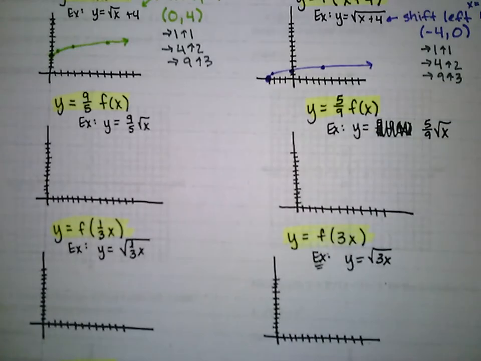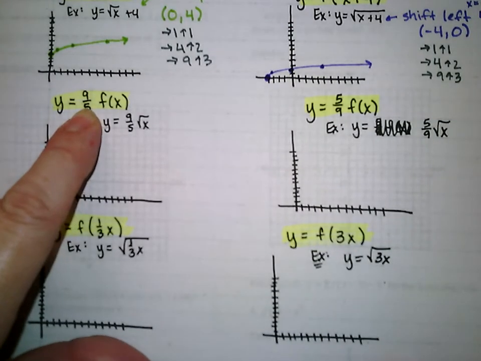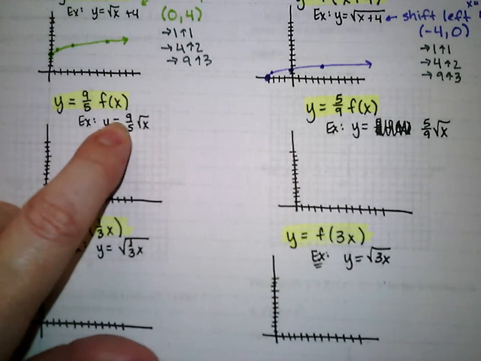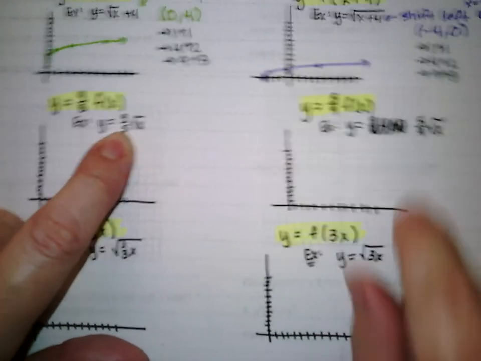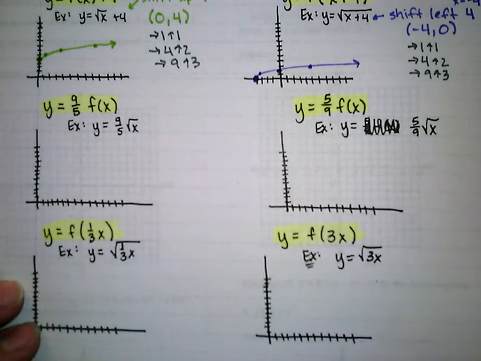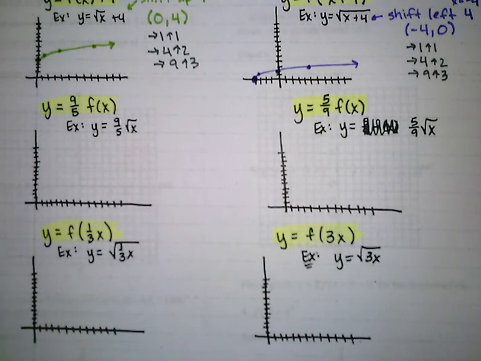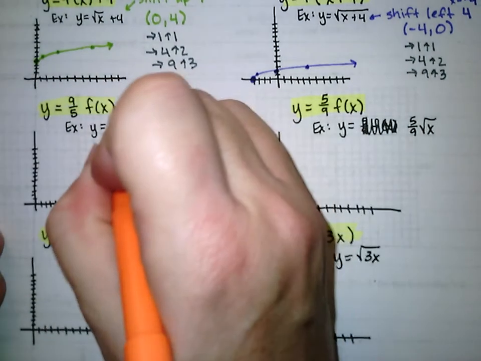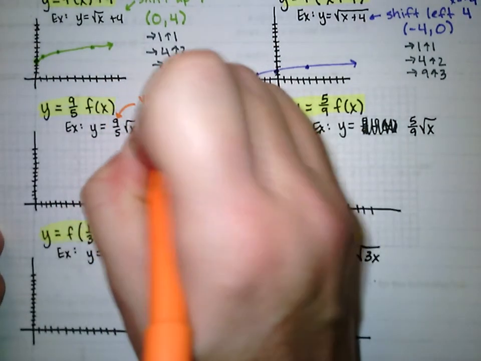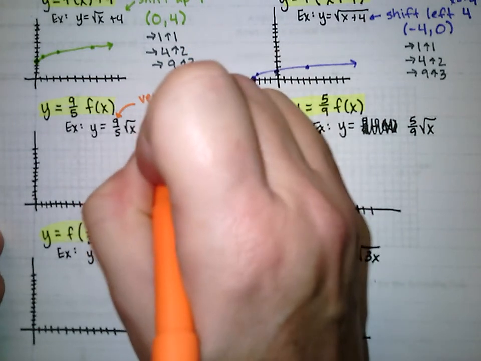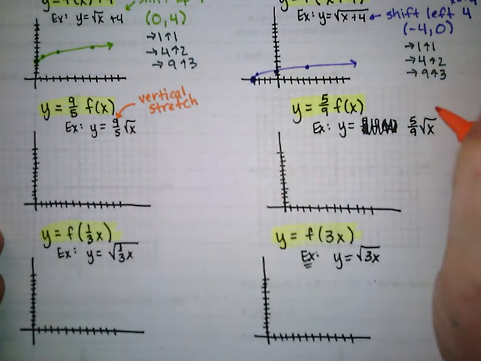That's because we're multiplying our height by the number out front. Multiplying my height by 9/5 makes me taller. Multiplying my height by 5/9 makes me shorter. So this guy is a vertical stretch because the value is over 1, and this one is going to be a vertical compression.